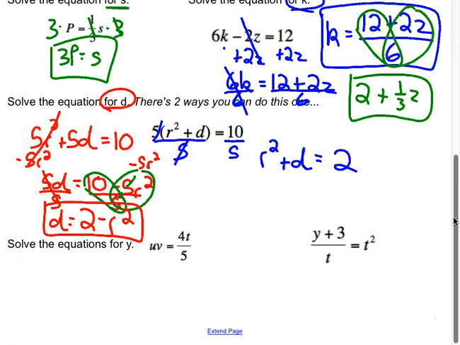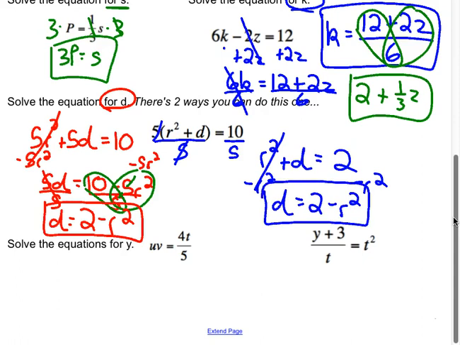Now I'm still trying to get that d by itself, so I'm still going to subtract the r squared over. And again, notice those are not like terms, so I do not combine them together. But do look at my answers. My two answers match. I just solved this in two completely different ways, but I got to the same answer, okay? So just keep that in mind. Sometimes there may be more than one way you could go through these steps, this process, okay? Depending on your preference. And again, either one is great, as long as it gets you to the answer.